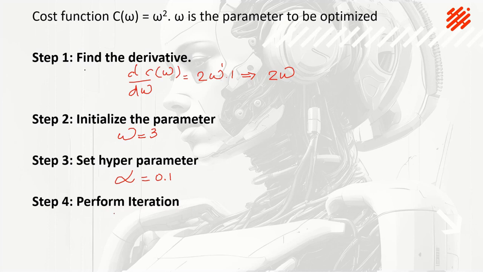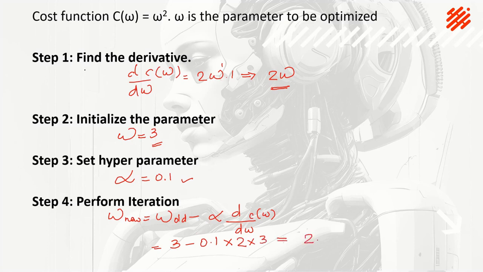The iteration is: ω new value equals ω old minus alpha times the derivative dC/dω. The ω old value is 3, what we have assumed, so 3 minus alpha 0.1 times the derivative of the cost function, 2 times the ω value, again 3, which gives 2.4.